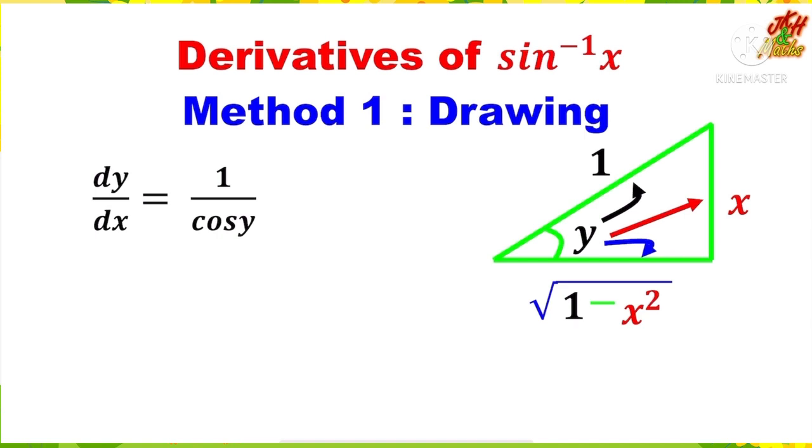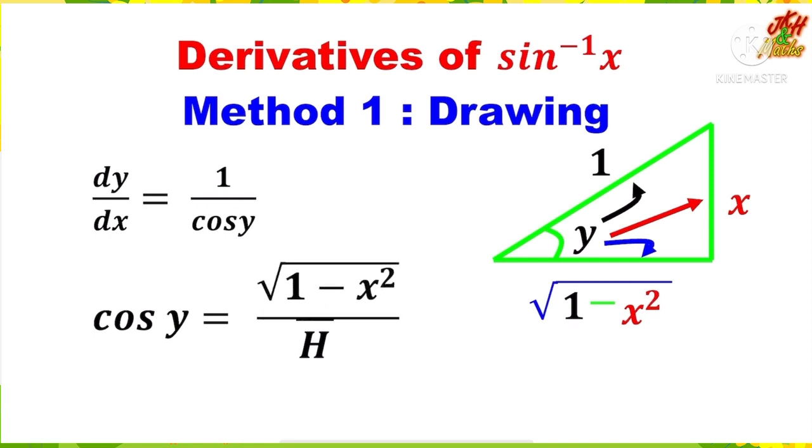Given that from our previous solution, dy/dx is equal to 1 over cos y, where we know that cos y is adjacent over hypotenuse, where the adjacent side to the angle y is equal to square root of 1 minus x squared, and its hypotenuse is 1.